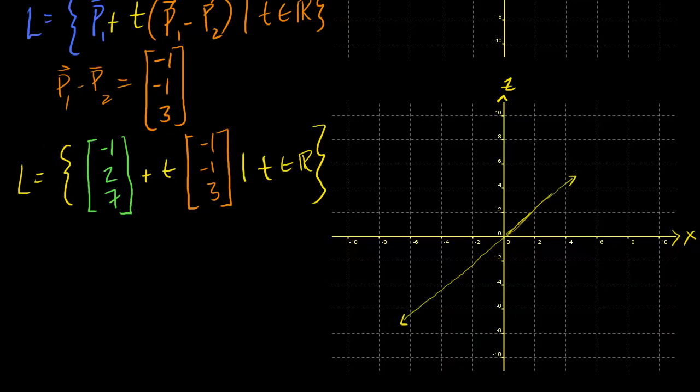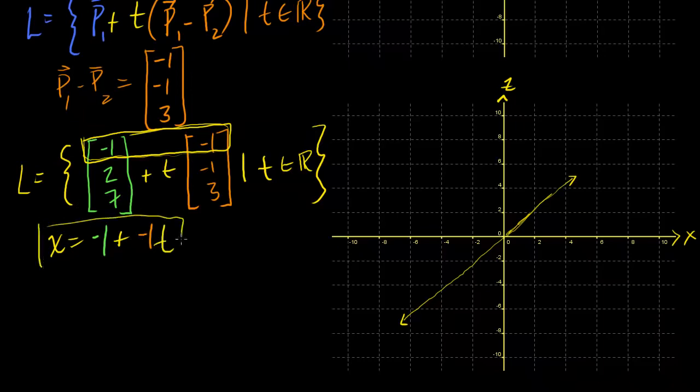So the x-coordinate, just our convention, is going to be determined by this term right here. So we can write that x is equal to minus 1 plus minus 1 times t. That's our x-coordinate.